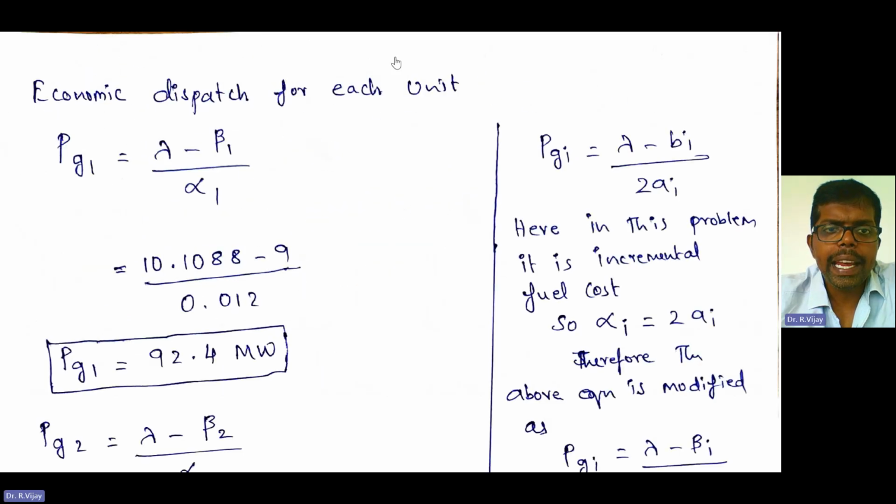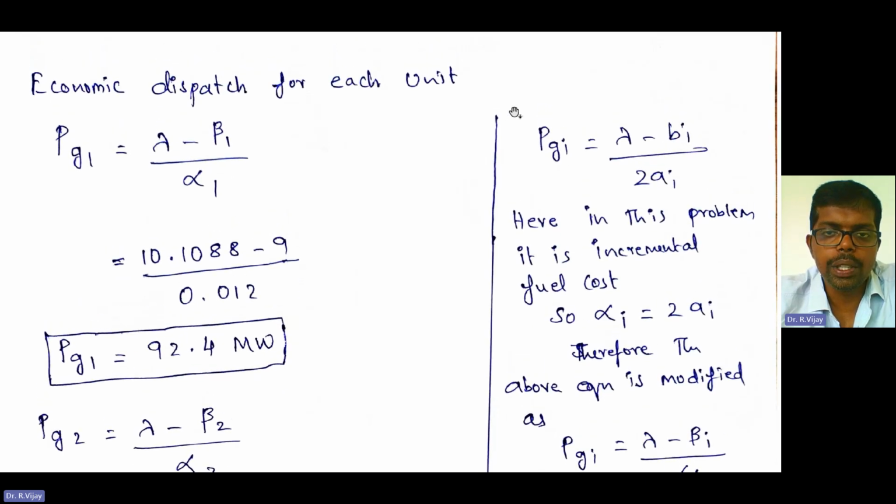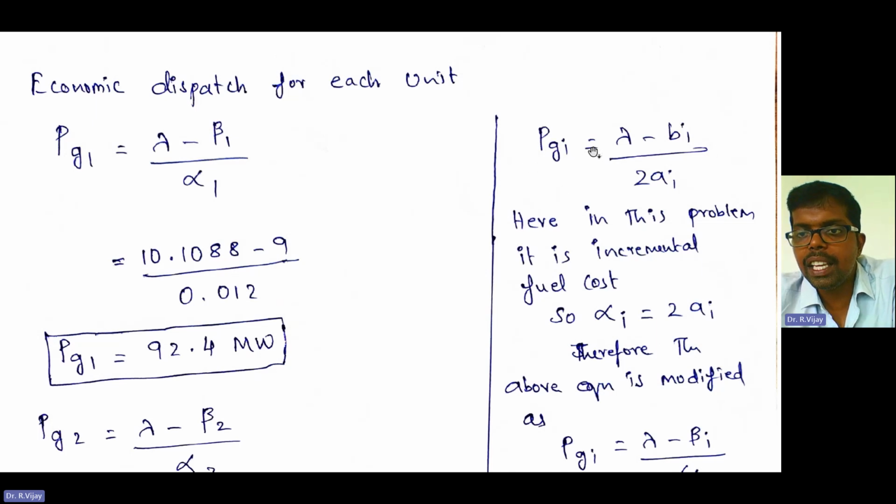Next, the economic dispatch values for each unit we need to calculate. What is the economic dispatch for each unit? By using the lambda iteration method. In previous classes we have solved using the lambda iteration method. There we derived this formula: PGi is equal to lambda minus bi divided by 2ai.